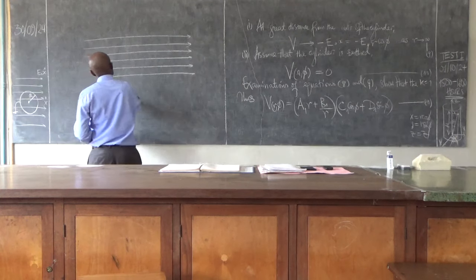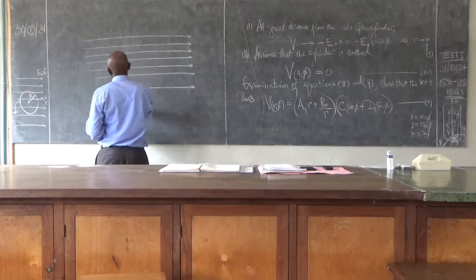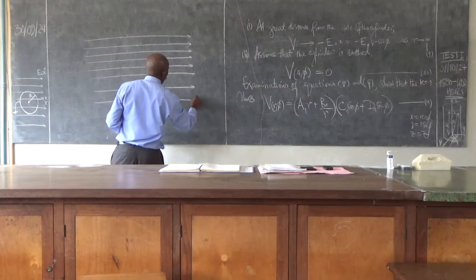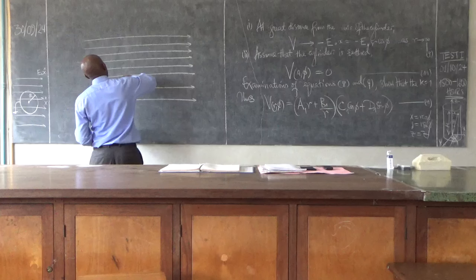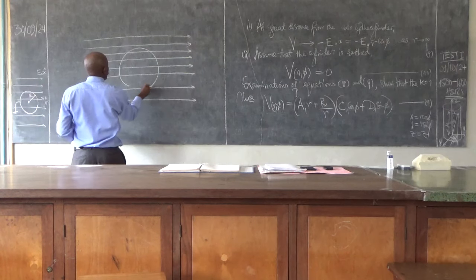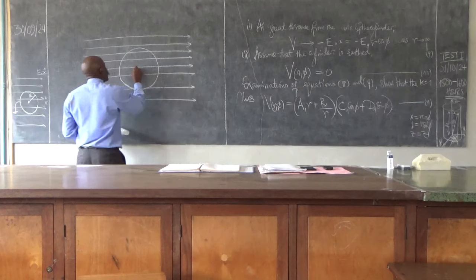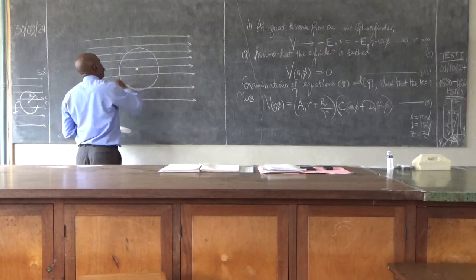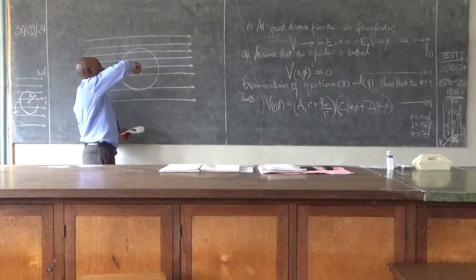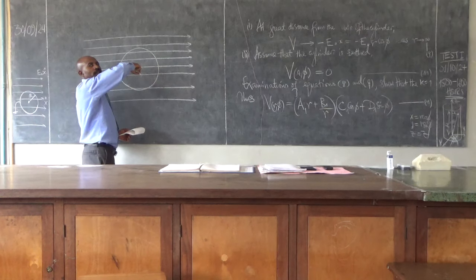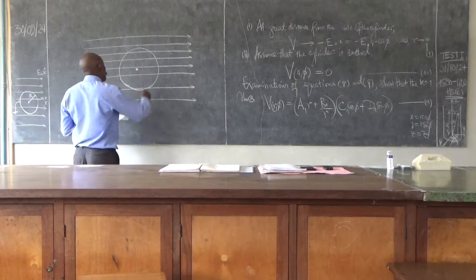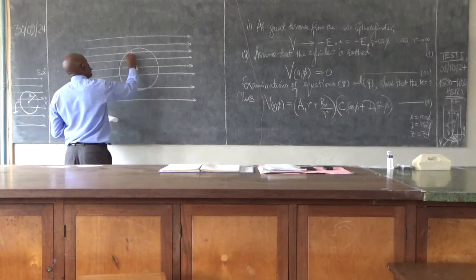So I'm just going to put the cylinder in here, with the axis of the cylinder corresponding with the z-axis, and it is of radius a.